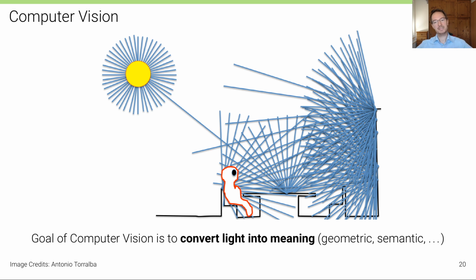And so all of these light rays that pass through the scene are then sampled at a particular point in time, in a particular location, a particular direction, and a particular wavelength. And this forms the image that we then have to interpret.